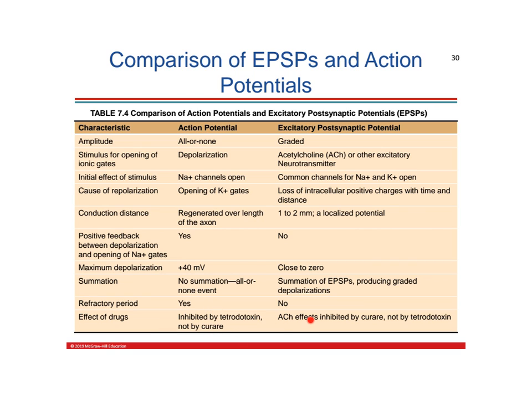And effects of drugs: the EPSP is inhibited by curare, but not by tetrodotoxin. Curare, remember, is the poison in the blow darts used in South America to paralyze prey. The way it works is it blocks the nicotinic acetylcholine receptors.